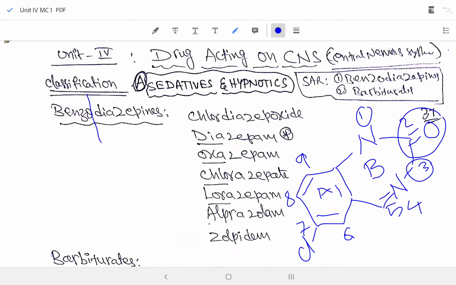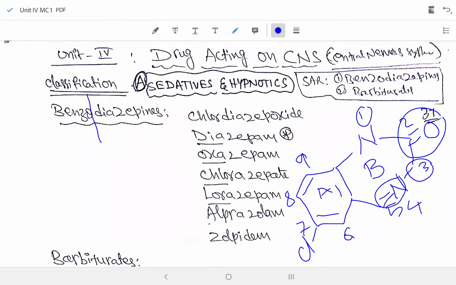Then saturation of the 4, 5 double bond will decrease the activity. If the double bond is saturated, that means the double bond is replaced with a single bond, that will decrease the activity. And a phenyl ring at position 5 promotes the activity.